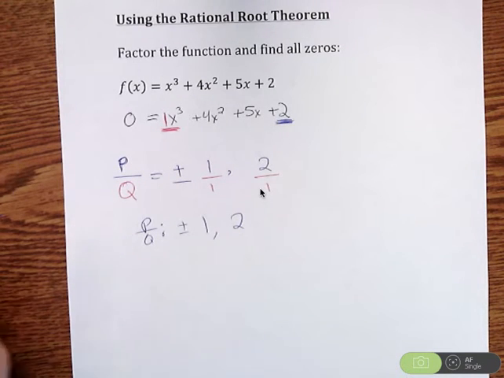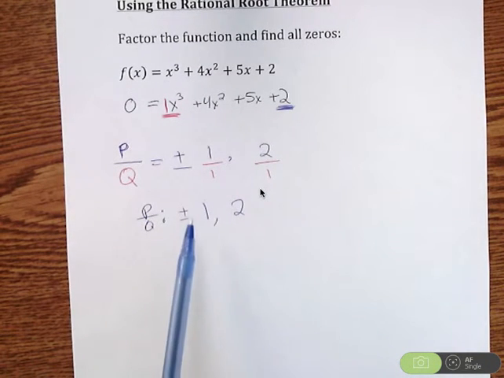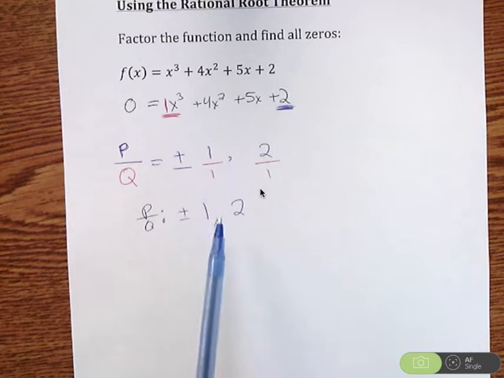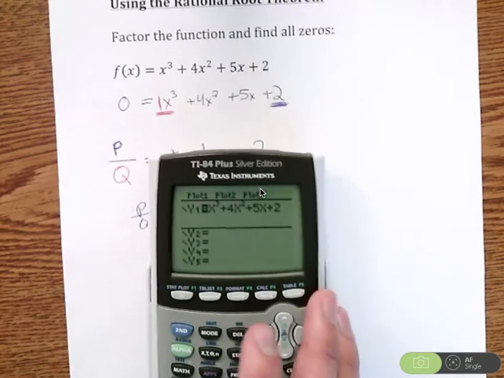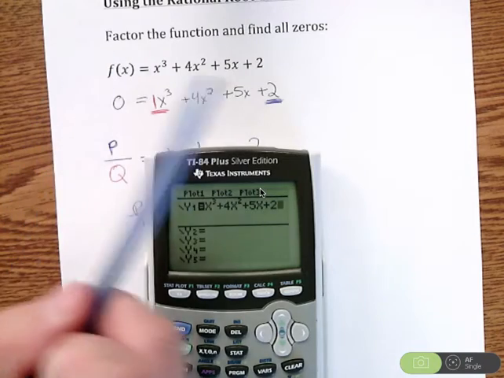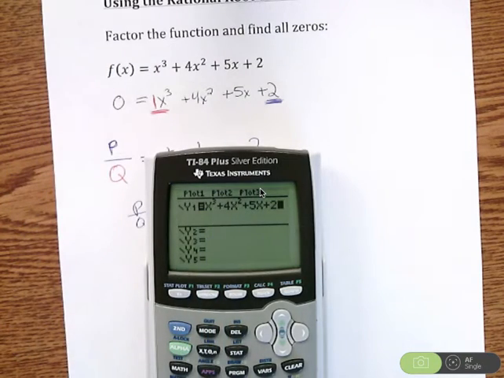There is a way that we're going to use this list to get ahead. We would have to go through, starting with positive 1, then negative 1, then positive 2, then negative 2. Since we're allowing a graphing calculator, you can use that to start the process a little bit quicker. So you can plug in the function into your calculator, which I have already typed in, and you can graph it, and we'll learn about graphing later on.